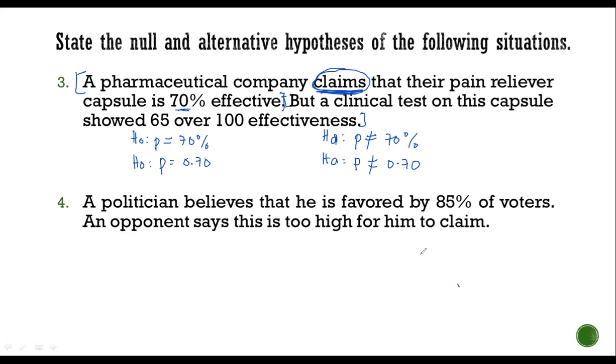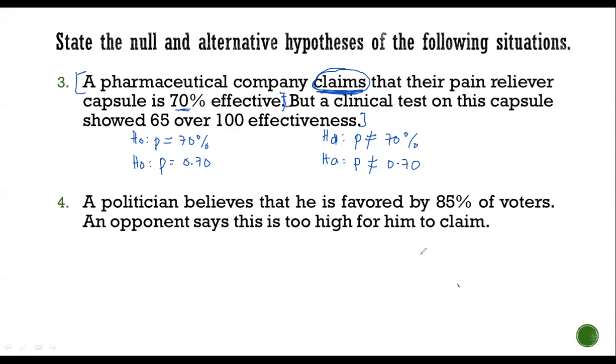Dito, wala yan effect. Buti sana kung yung second statement is, I believe that it should be lower than 70%. Wala namang sinabi. Ang sinabi lang, there's a separate clinical test on this capsule and it showed na 65/100 or 65% yung efficiency niya. Panggulo lang yan yung second statement. So, wala siyang direction. Walang sinabing mas malaki, walang sinasabing less, greater, heavier, lower, and so on.